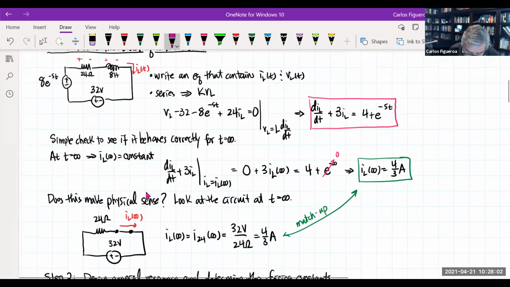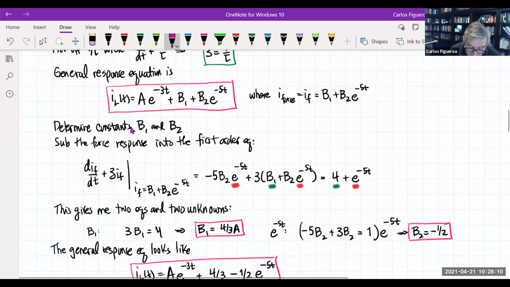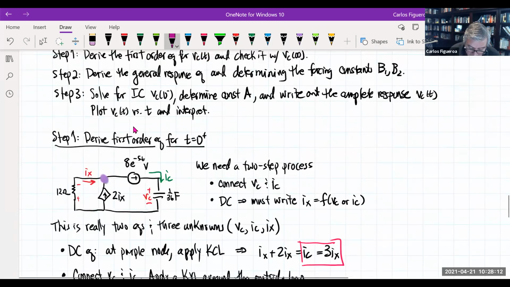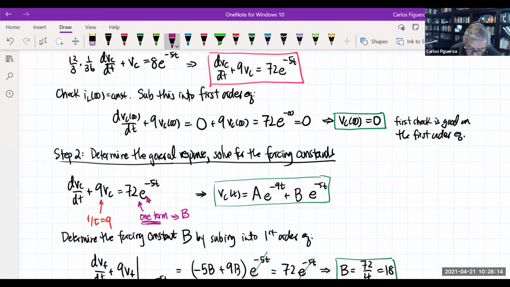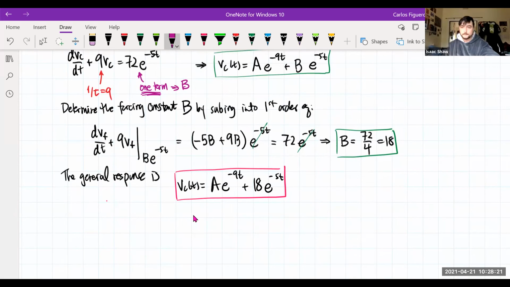So when I look at that equation, because I have two terms, I must have a B1 and a B2 because there's two terms on the right. Here, there's only one term on the right, so I only have one forcing constant. Does that answer your question? Yeah. Okay.